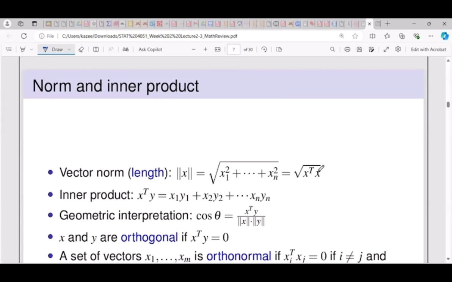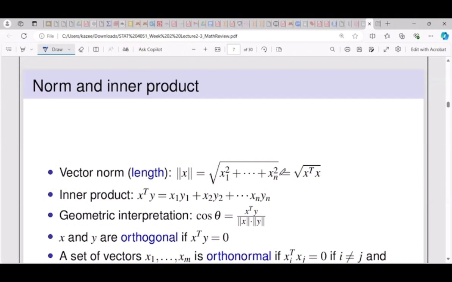Now, in matrix form, s1 squared plus s2 squared up to sn squared is the same thing as a matrix multiplication of the transpose and the original. So the transpose of S multiplied by S is the same thing as s1 squared plus s2 squared up to sn squared. Does that make sense to everyone? Now we're moving to inner product. Why do we need inner product?